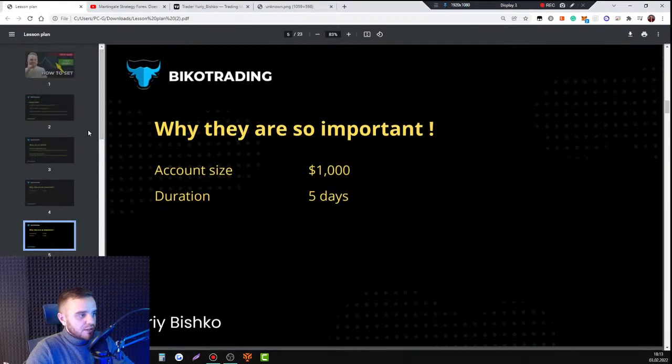Let's do this practical example of why stop losses and proper risk management are so important. Imagine that you have a 1,000 USD account, and let's cover one trading week, which is 5 days.